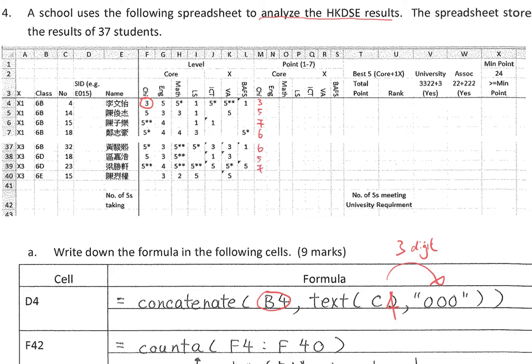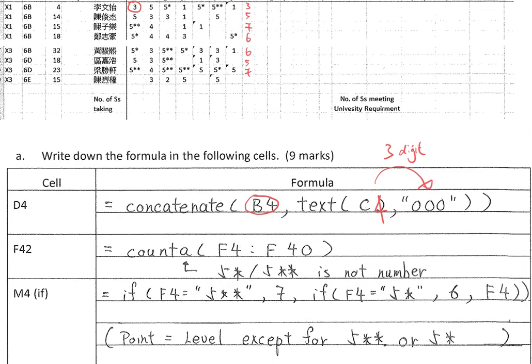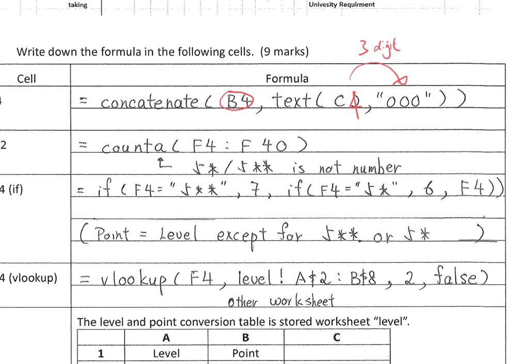So in this case we should separate 3 cases. Let's take a look at the question. First of all, we should consider 5 star star. If it is 5 star star, then after the first comma, it will be 7 points.